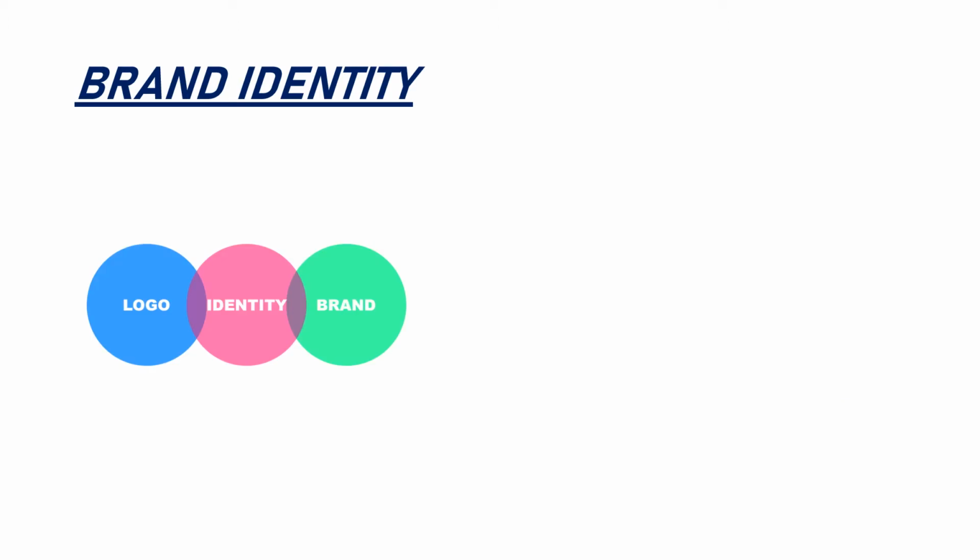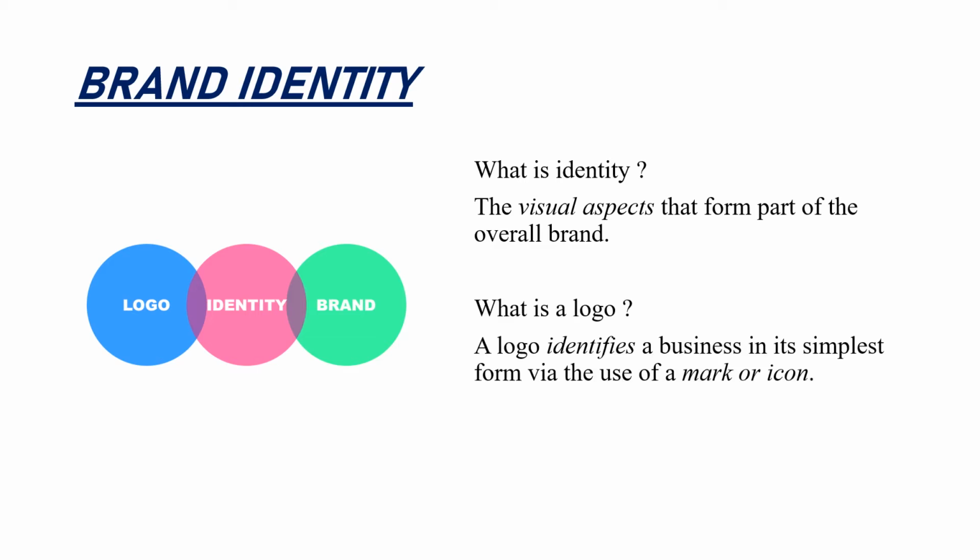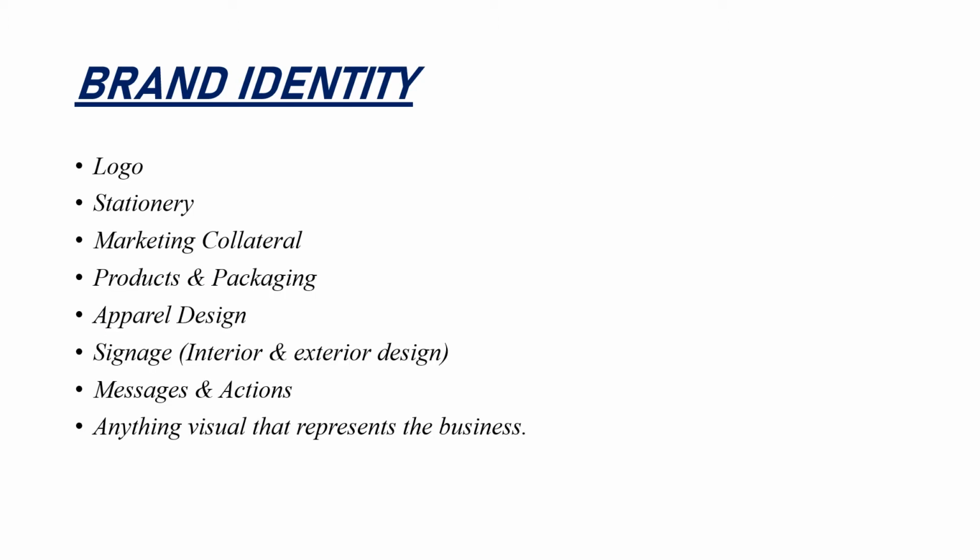So what is the difference between identity and a logo? Brand identity is the visual aspects that form part of the overall brand. A logo identifies a business in its simplest form with the use of a mark or icon. The identity of a company is made up of many visual devices.